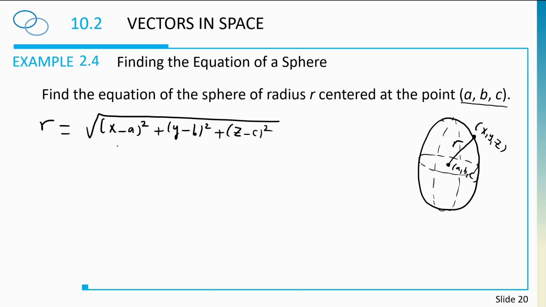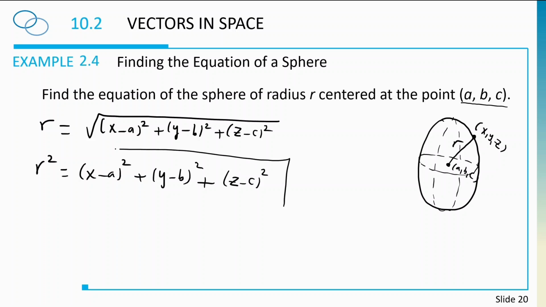To make it look nicer, I can square both sides. So r squared equals (x minus a) squared plus (y minus b) squared plus (z minus c) squared. And this is the sphere equation.